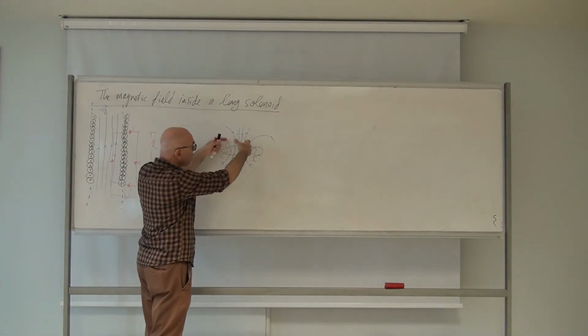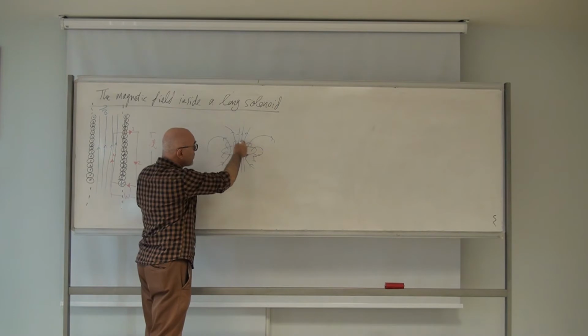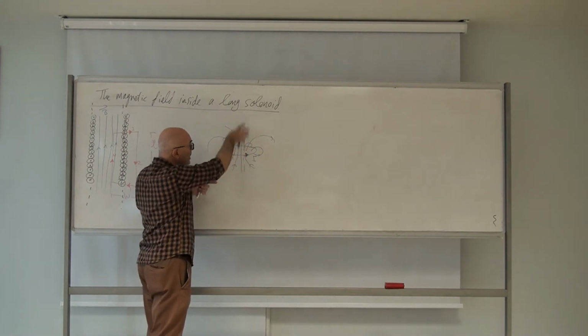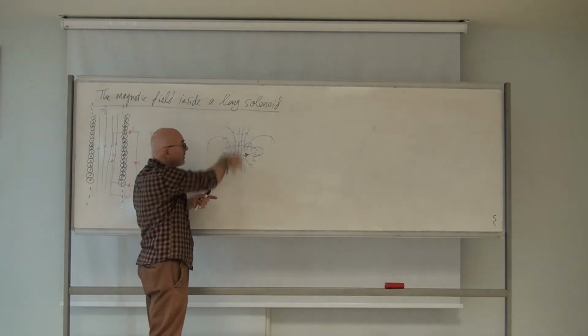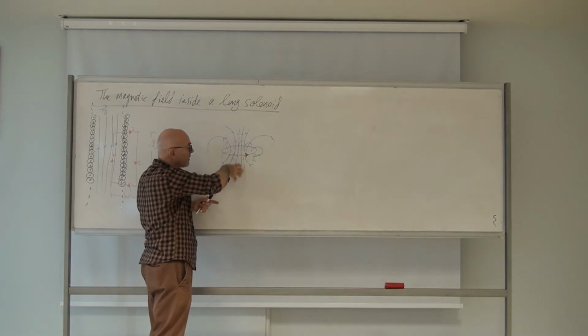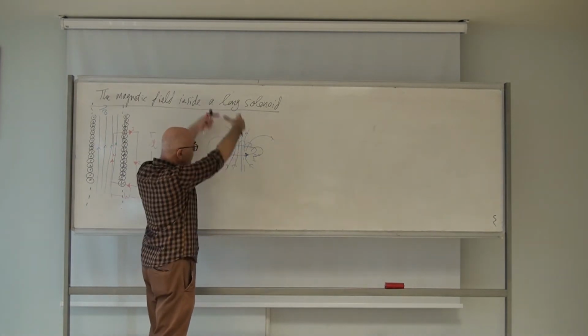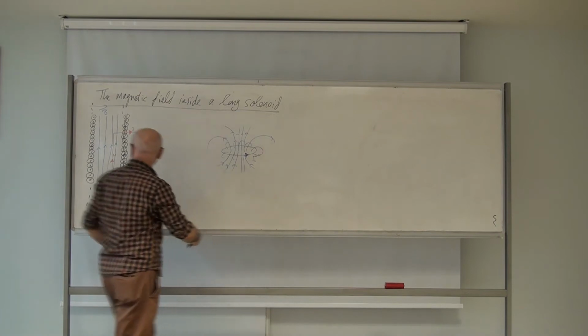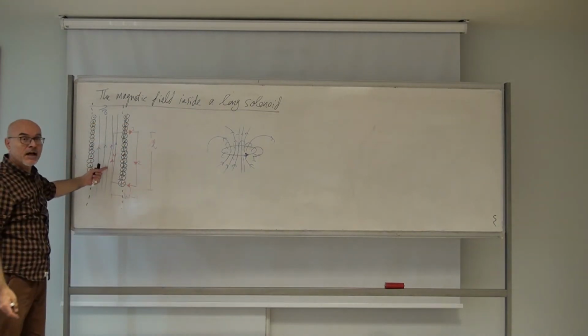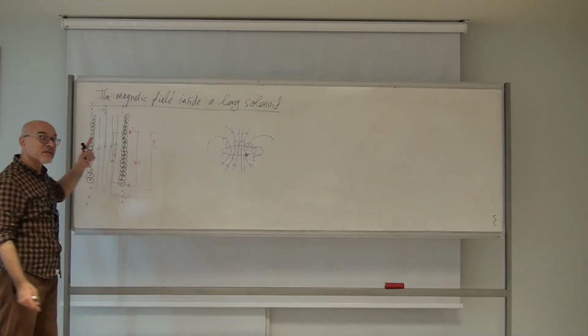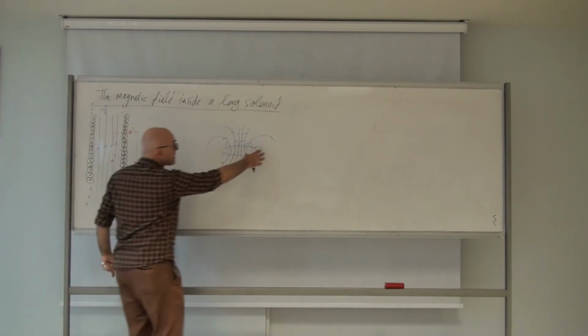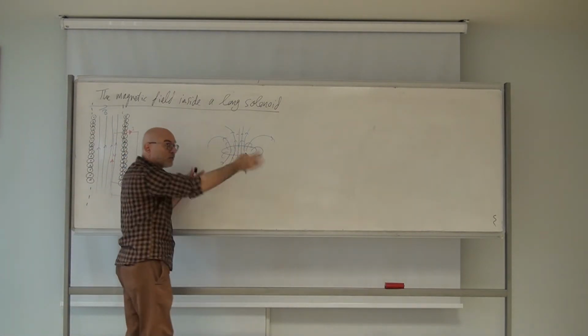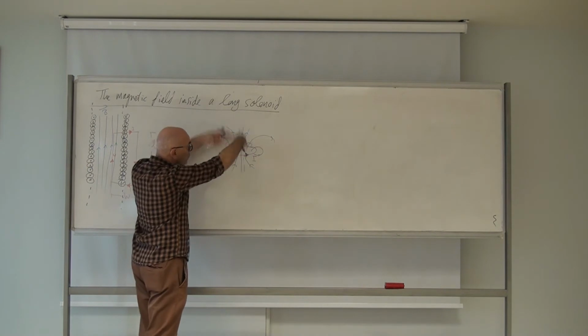If you put another ring here, you will see that cancellation will take place among these, and enhancement will take place near the center or the axis of the ring. And so when you put infinitely many on top of each other, this is the magnetic field that you will have. Outside, you will have zero magnetic field, because the magnetic field lines will cancel each other when you have rings on top and bottom.